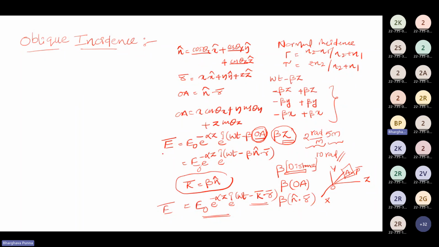Now, just before going to oblique incidence, I will extend this particular topic. We have understood that the phase gained by the electromagnetic wave by traveling a certain distance OA in the arbitrary direction is beta OA. So OA we have written as n cap dot r bar.